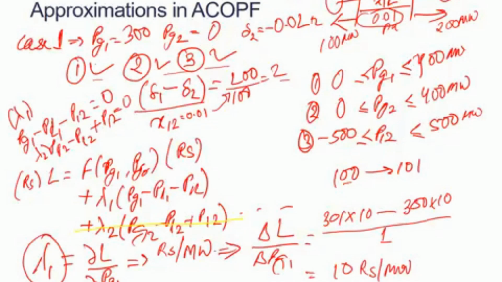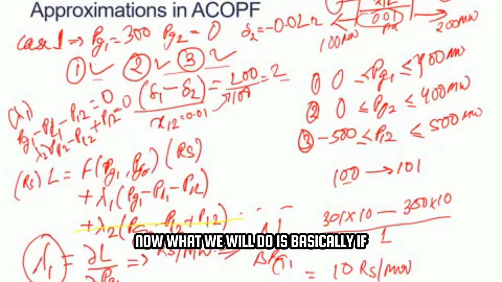Yes, sir. Now if you want to calculate lambda 2, let's say we increase the load at bus 2. It will make similar sense. So let's keep the load at bus 1 as 100, and now increase the load at bus 2 by 1 megawatt or a very small value.